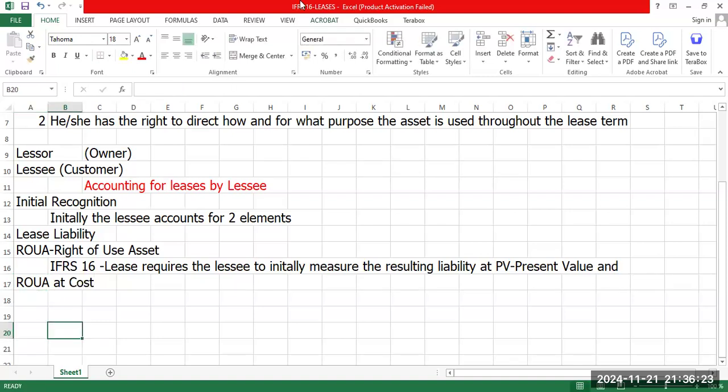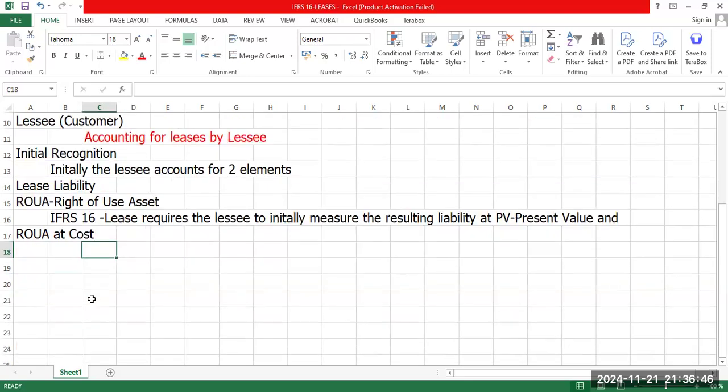Okay, we need to note that initially with lease liability, we measure it at the present value. Then with right of use asset, we recognize it or measure it at cost. Is it clear, colleagues?